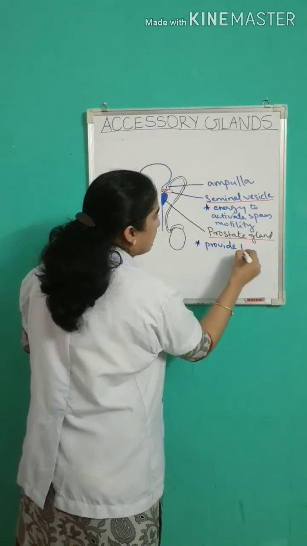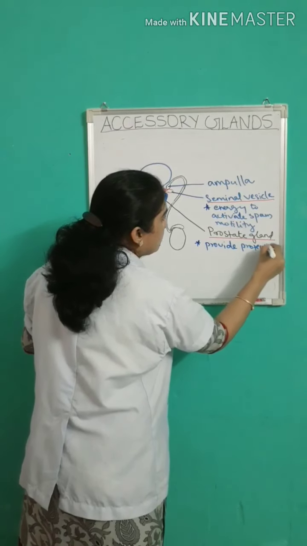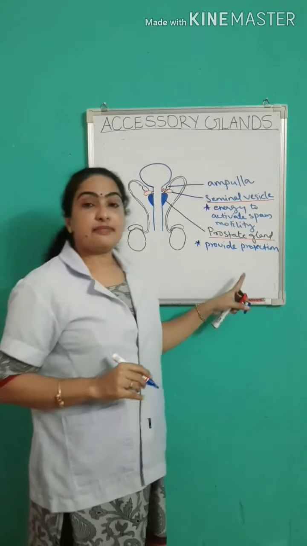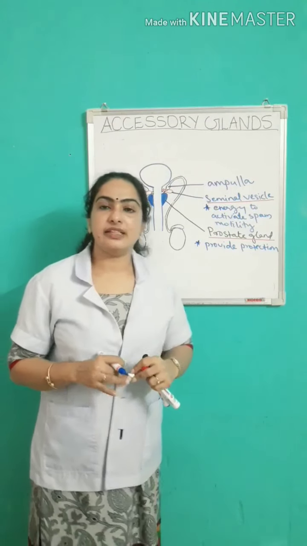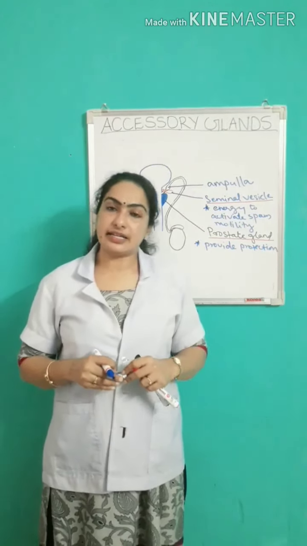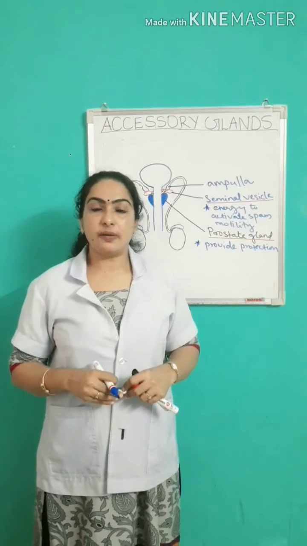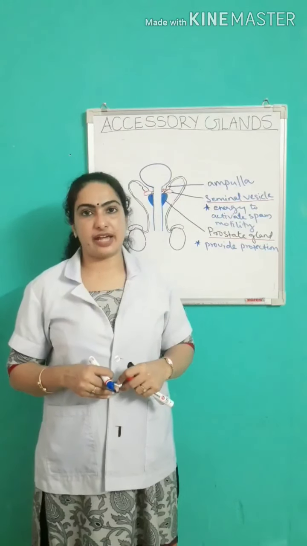Provide protection to the sperm from the acidic pH of the vaginal tract. Normally, the vaginal tract is an acidic medium, so the sperm may die in the vaginal tract.